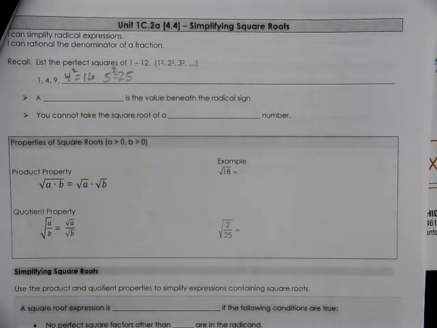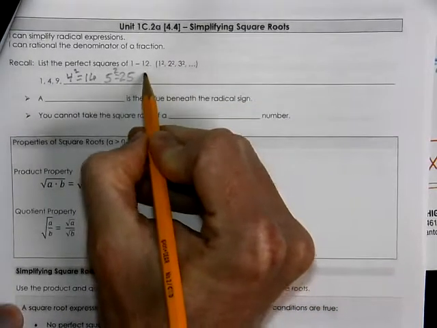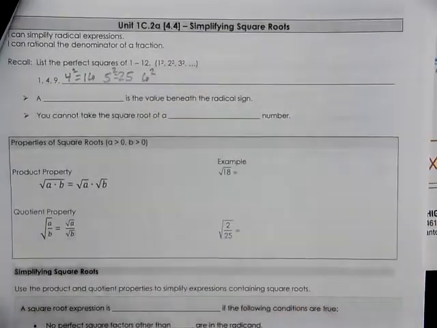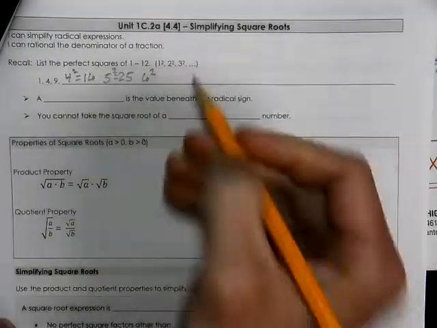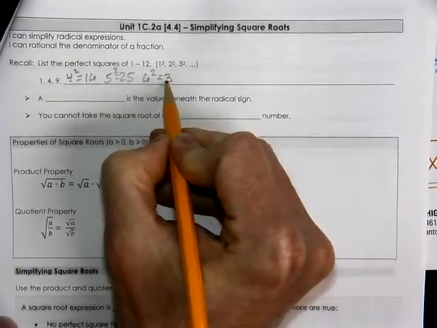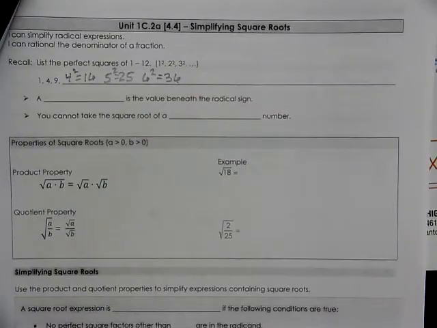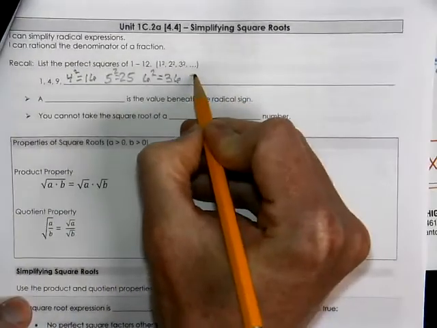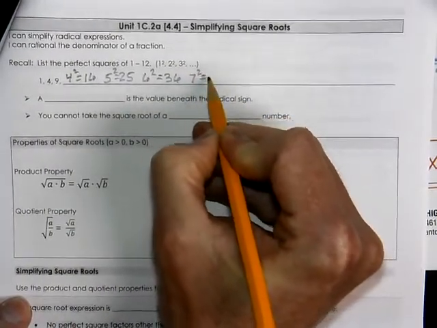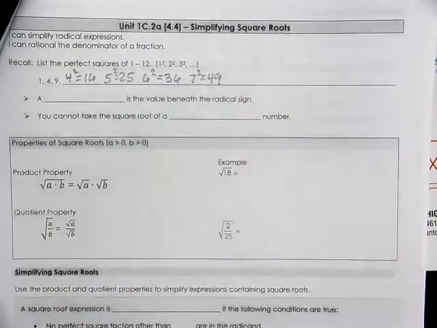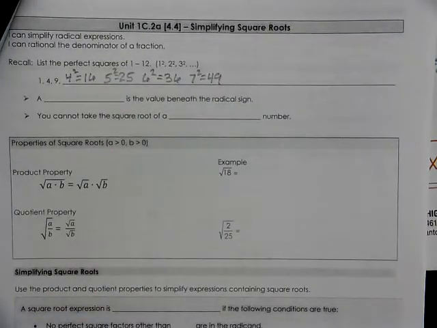So go ahead, pause the video, write out your other factors, like 6 squared, and 7 squared, and 8 squared, and try several of those, then come back and check your work. Now we have 36 for 6 squared. 7 squared would be 49.